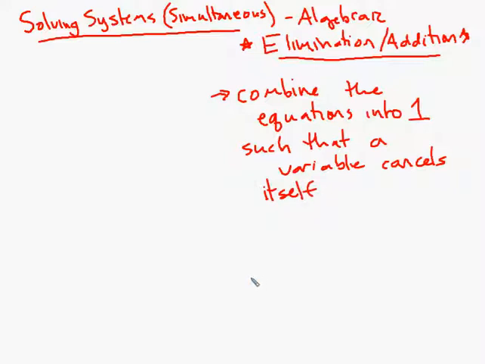That's our goal. Elimination has an advantage over substitution in that initially you can avoid fractions. I mean, you might get fractional answers still, but you can initially avoid it.